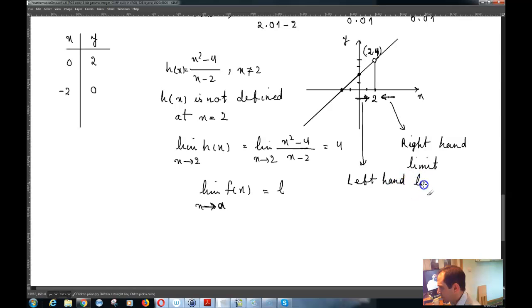Now you get two different values for the right hand limit and for the left hand limit.